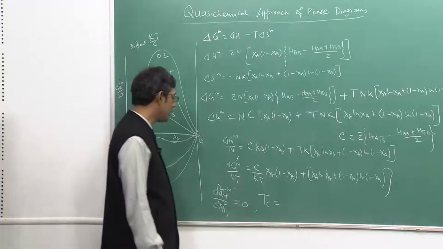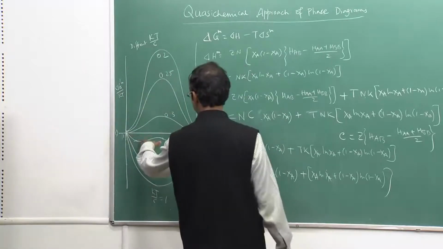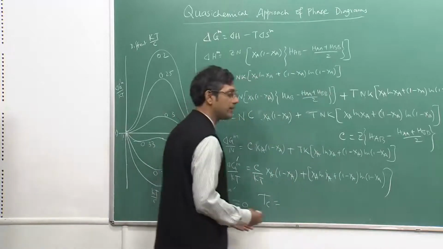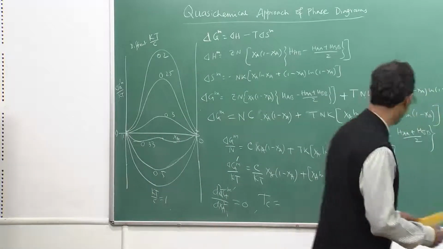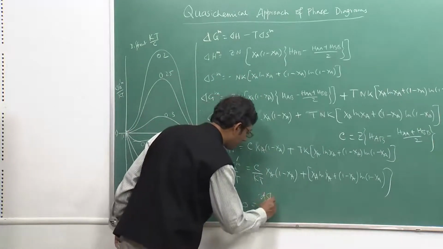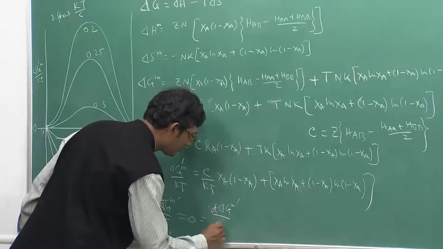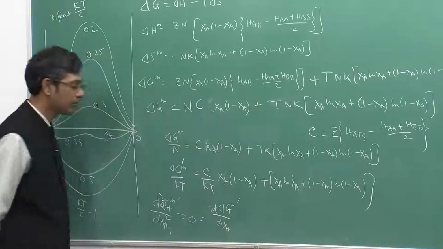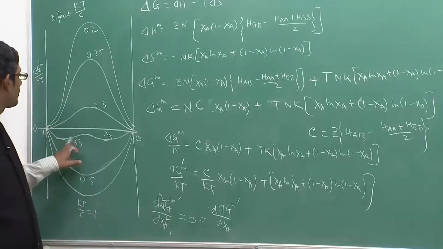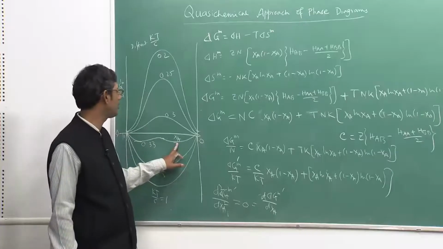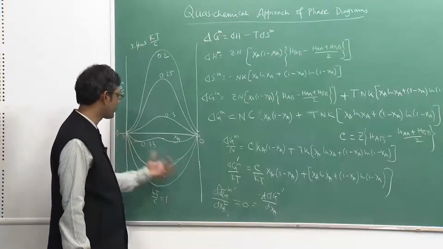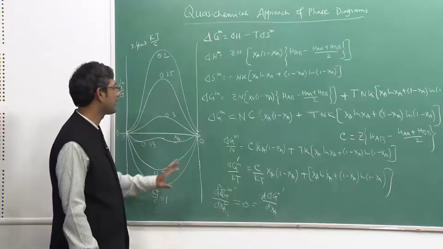Not only that, when this inflection point develops, you will also find that the other equation is also satisfied. So by these two equations I can calculate the exact composition and the temperature for these separations, the critical temperature for separation as well as the critical composition for separation.